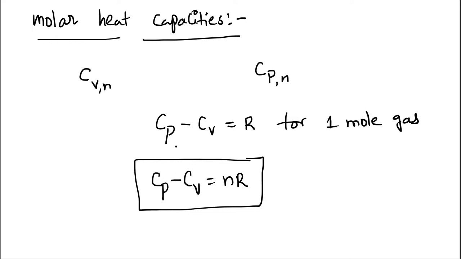So let's change this equation slightly. Cp,m and Cv,m: the difference of molar heat capacities is equal to R. Okay.